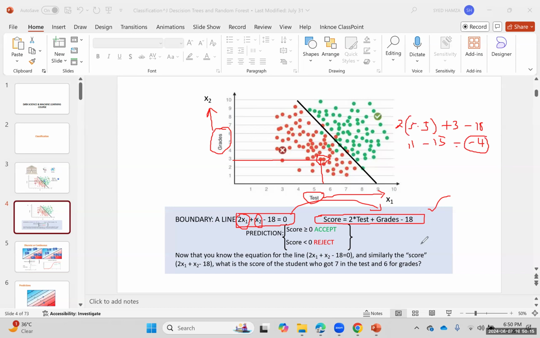And then how do you know if this data point, based on minus 4, comes to the negative class or positive class? To know the decision for each data point, each row, each observation, whether it belongs to the positive class or negative class, we need a bit of domain knowledge of the data.